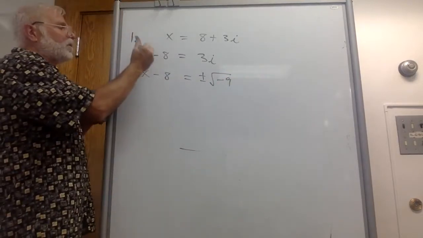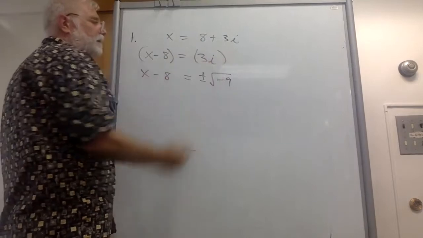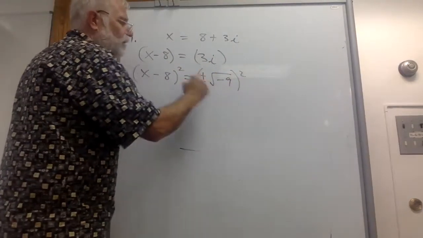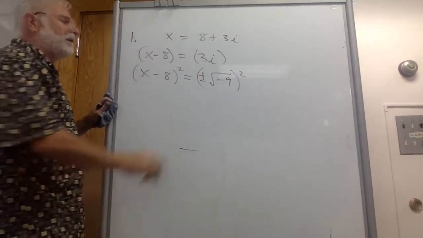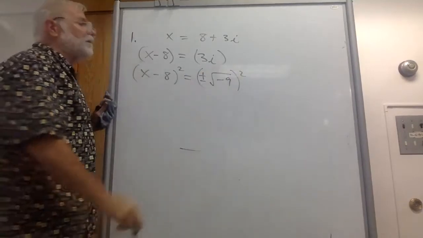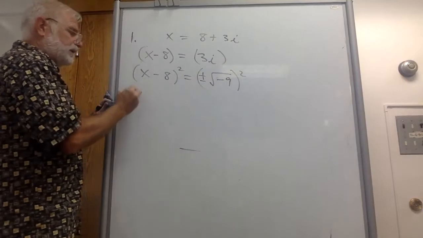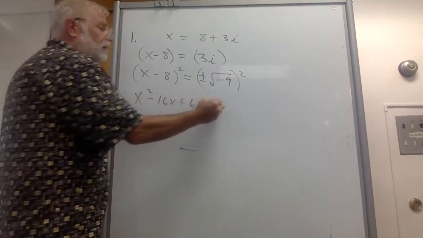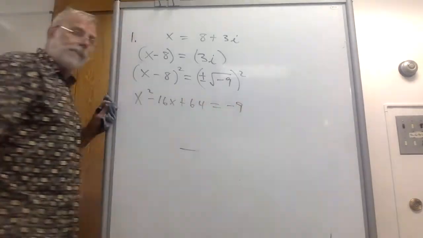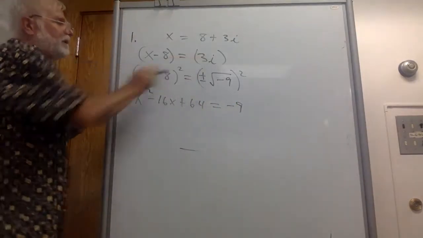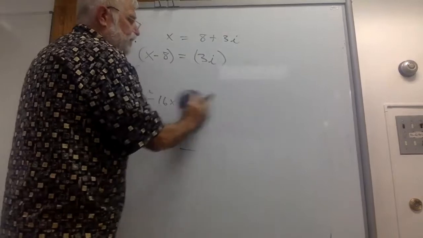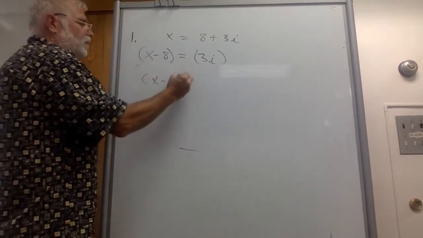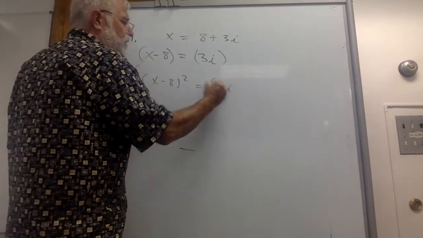So really, you're going to square both sides, right? Which means you're squaring here. Squaring a positive or a negative is a positive. Squaring a square root undoes the operation. So that's going to get you x squared minus 16x plus 64 is equal to -9. Now, if we did it from here, and I suggest you do that, square here. So x minus 8 squared equals 3i squared.